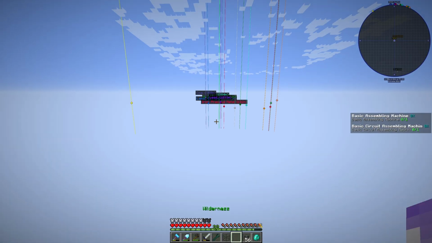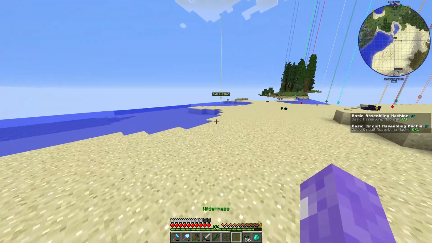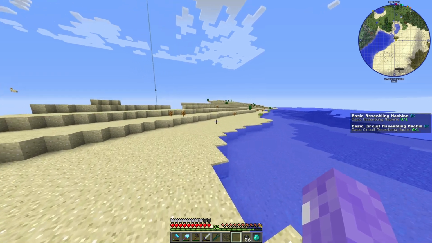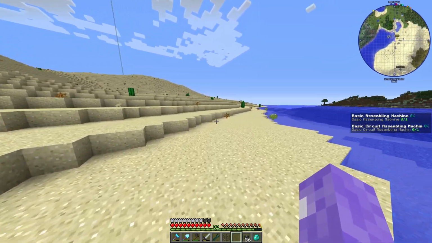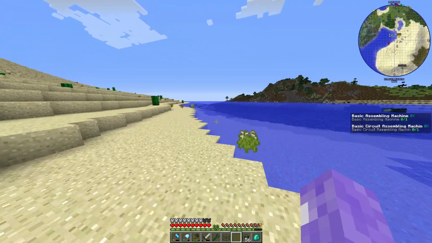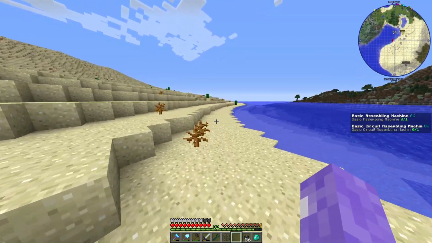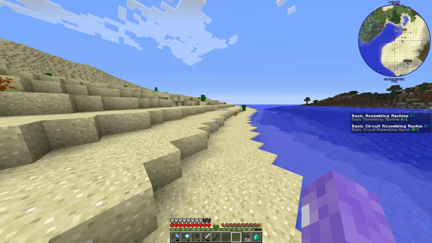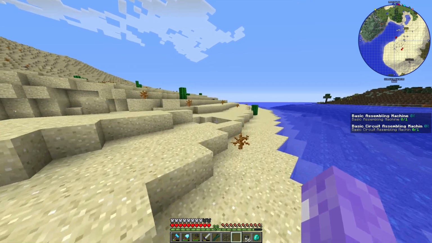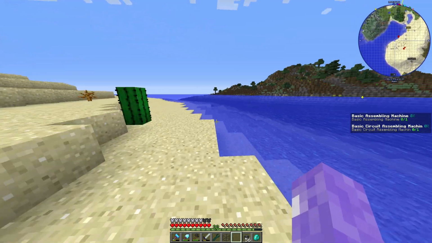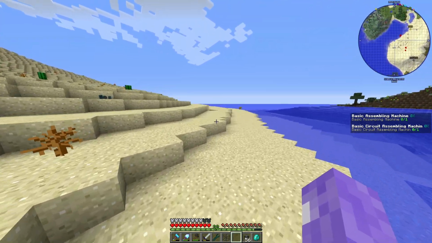Should be some there, at least relatively close by. Not getting super lucky as of yet. Is there no sugarcane to be had?